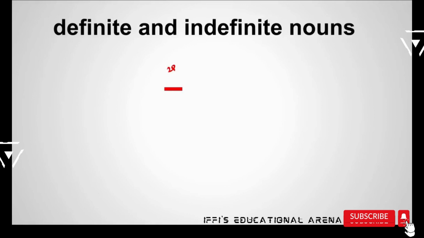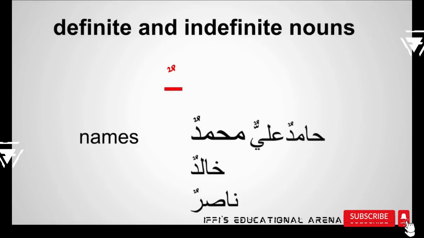This sign of indefinite applies to all the nouns, except the names of persons like Hamidun, Aliyun, Muhammadun, Khalidun, Nasirun. Because these are names of specific persons, the double dhamma rule does not apply. Other than that, if you see a double dhamma or double fatha or double kasra, that is a sign of indefinite.